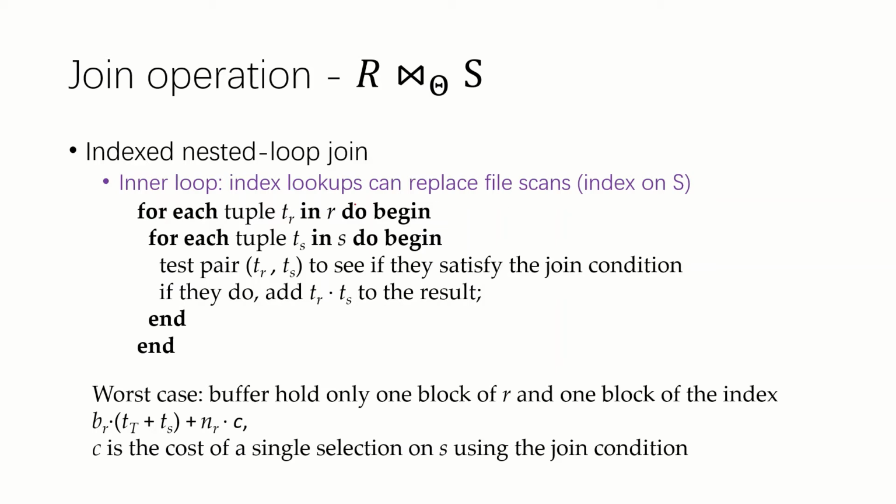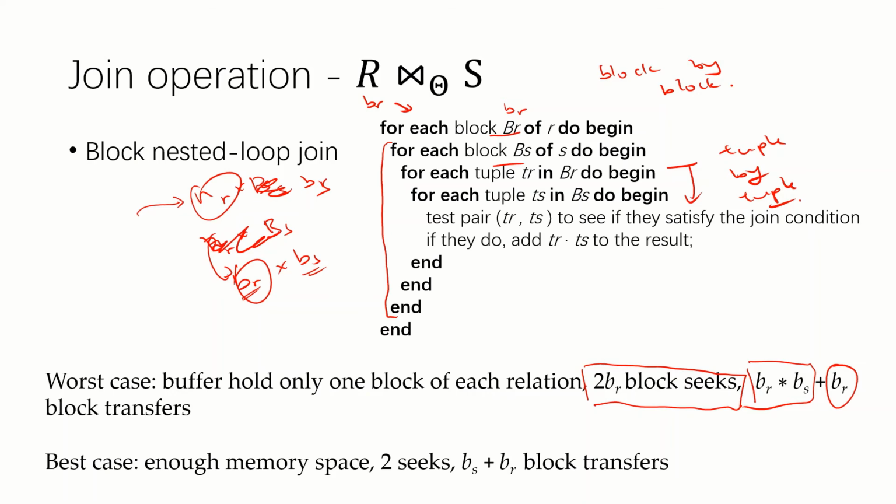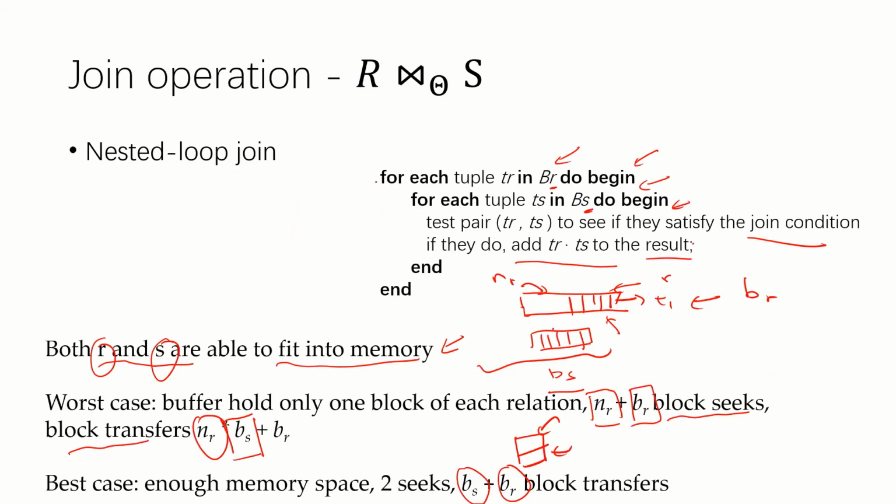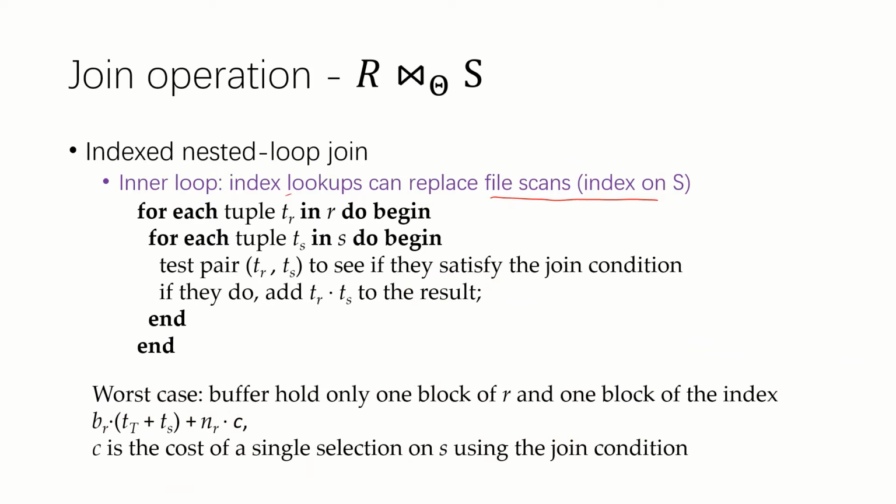So instead of a linear scan, we are now doing an index lookup to replace my linear scan. If we compare this and this, the algorithm is the same. The only difference is that now I have an index on top, which is what we see over here.